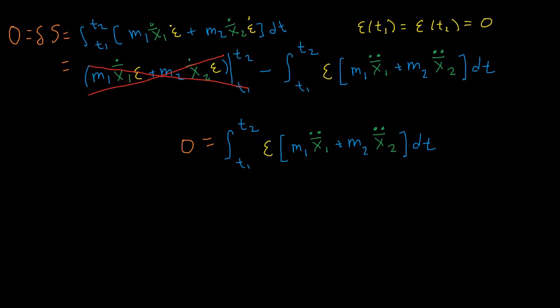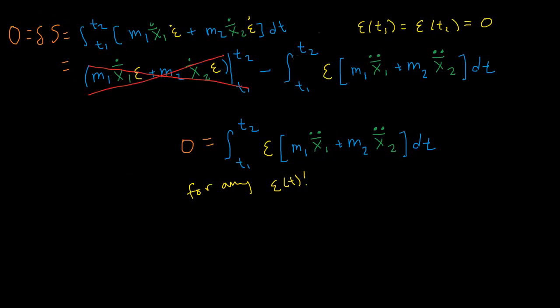Now, notice that this integral is 0 for any epsilon of t. Assuming that epsilon of t1 equals epsilon of t2 is 0, but it's true for any epsilon of t. Therefore, this thing right here in the brackets has to be equal to 0, because otherwise the whole integral wouldn't be equal to 0.